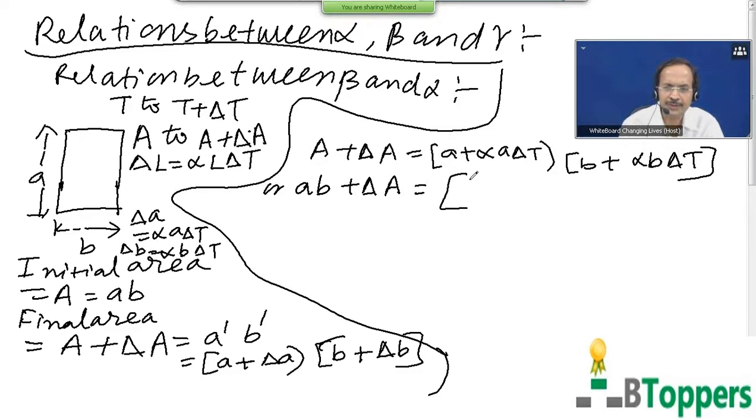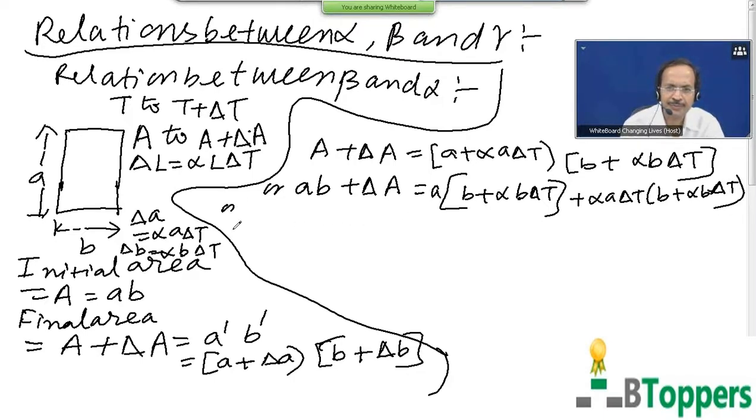If I multiply this, multiplying with the first factor: a into b plus alpha b delta T, plus alpha a delta T into b plus alpha b delta T.